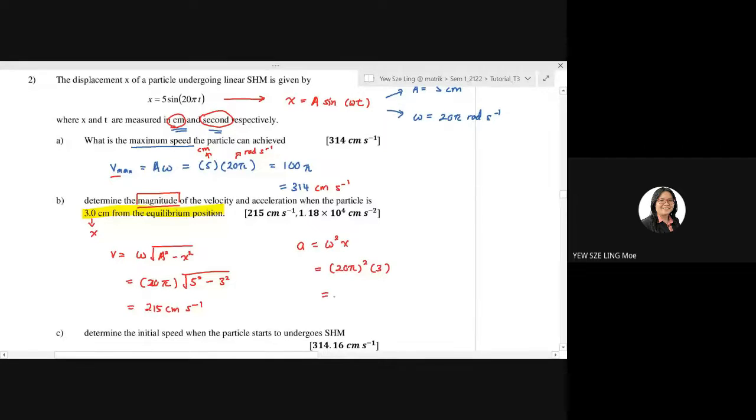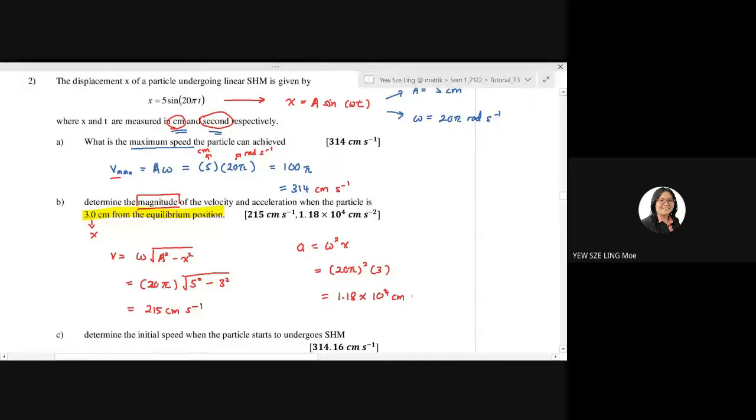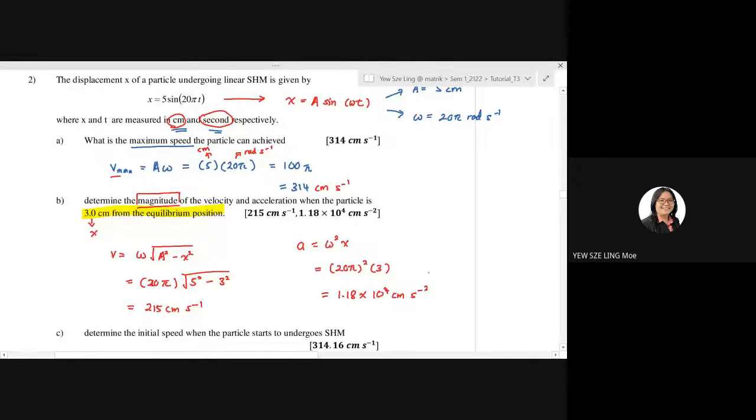Eventually you obtain 1.18 times 10 to the power of 4 cm s^-2. It's very simple. If the question gives you displacement, use the equation with displacement. If the question gives you time, use the equations with time. We will go through the equations with time after this in question 3, if I'm not mistaken. Don't worry, I will show you one by one.